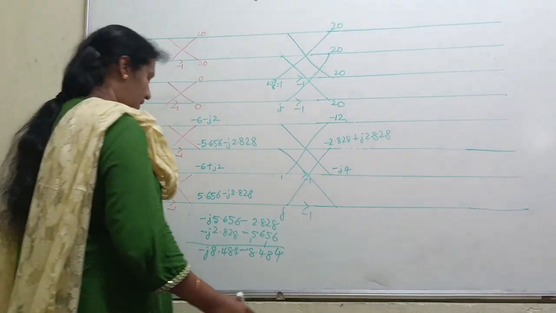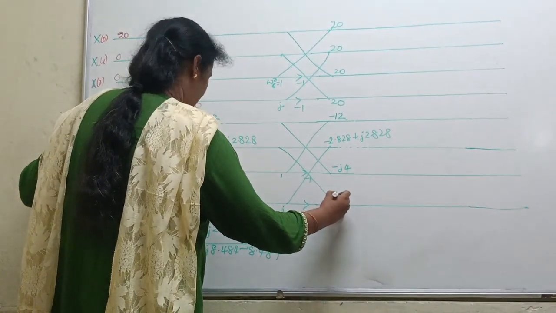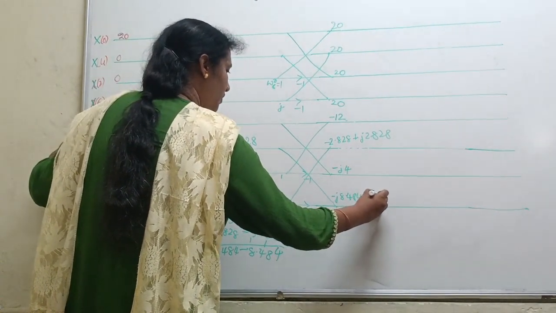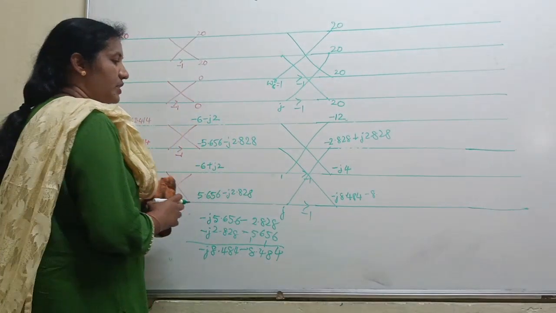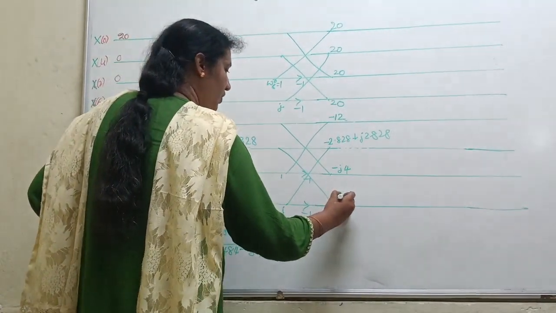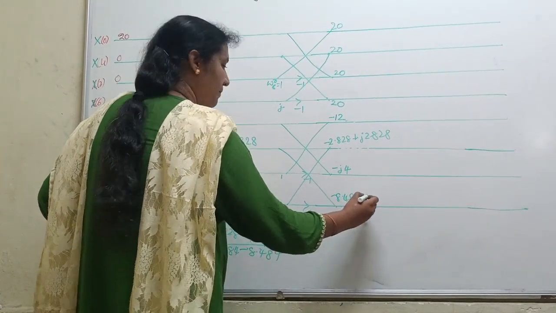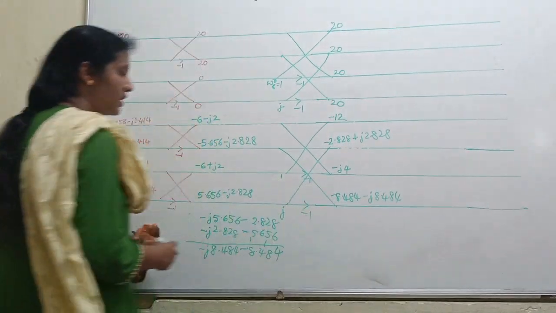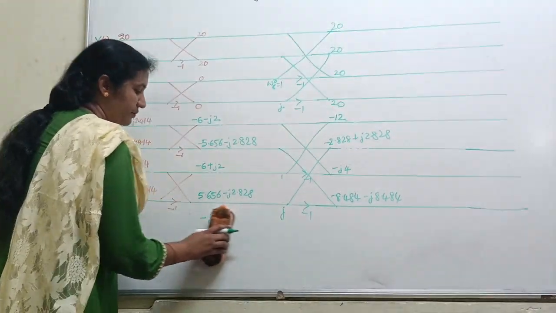So we can write here minus j 8.484. The j terms we will write later. First we will write minus 8.484 minus j 8.484. So this is the answer we got at this point.